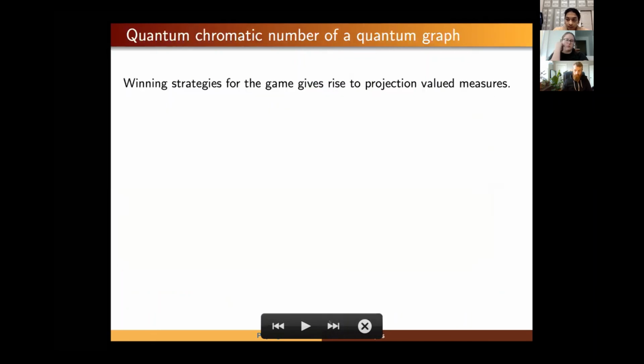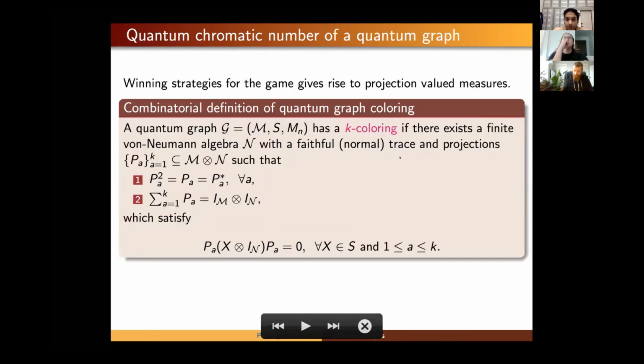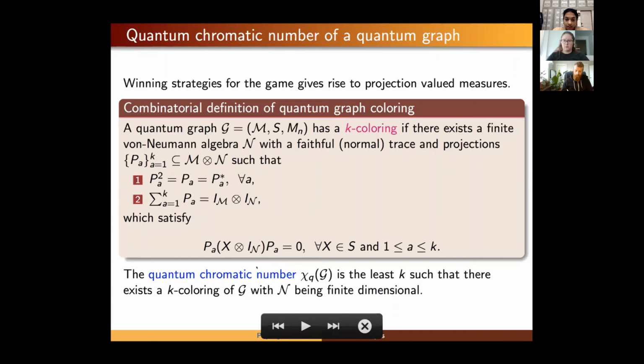So I will now talk about a combinatorial definition of the quantum chromatic number. If you use the winning strategies of the game, it leads to some projection valued measures. And using those projection valued measures, you can cast this coloring in a combinatorial way. That will give rise to the quantum chromatic number in a way that is useful for estimating it. So basically, there is a von Neumann algebra N, which is a resource space that the players use to make joint measurements.